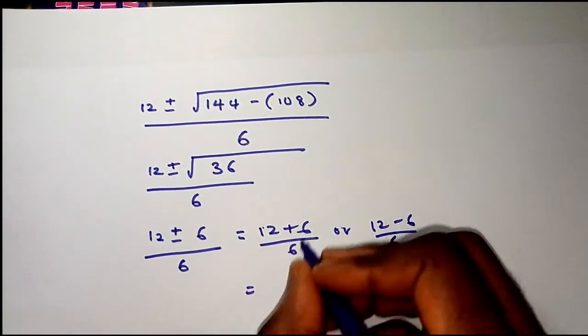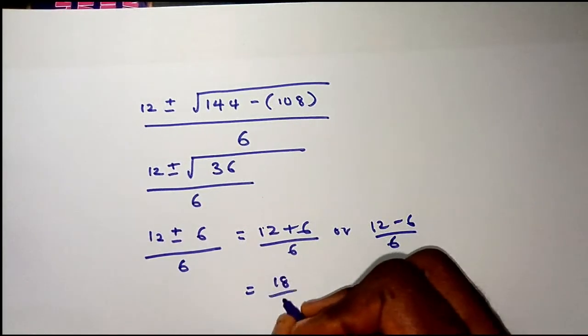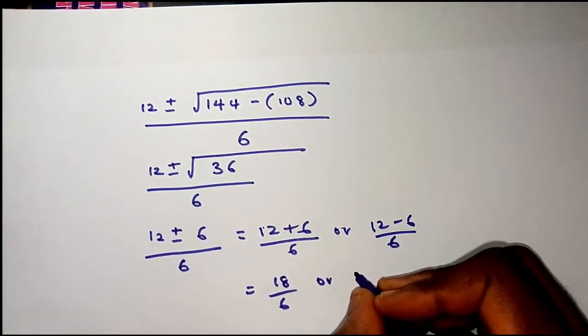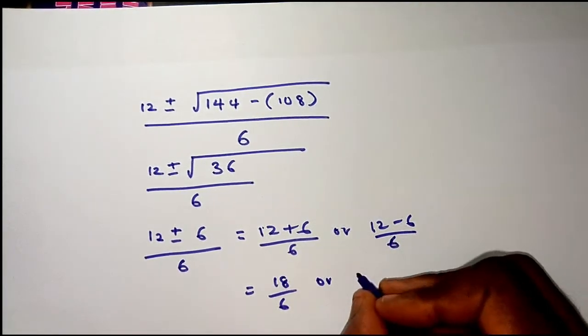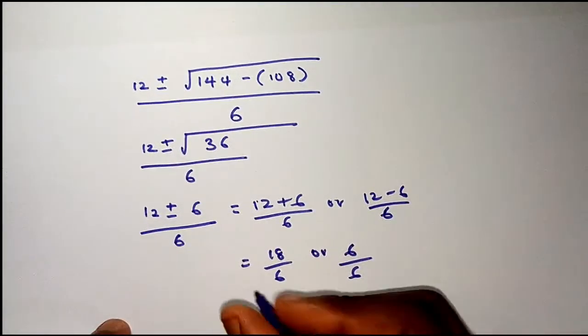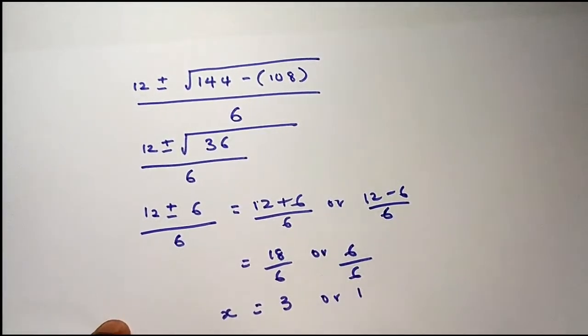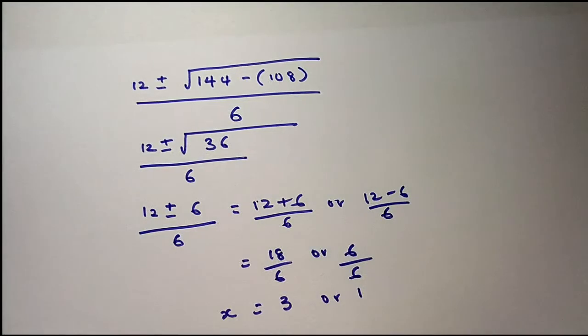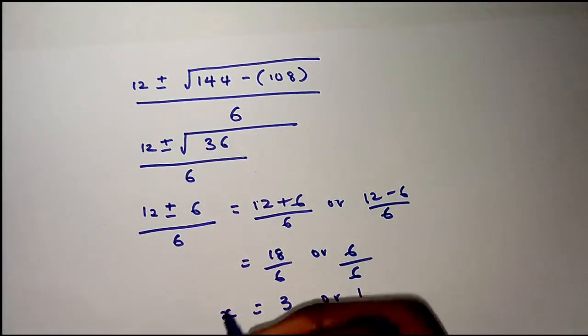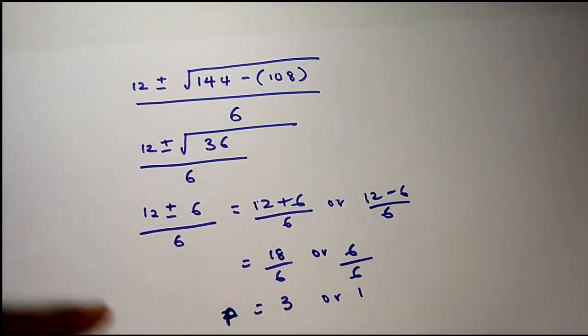So this is the same thing as 18 over 6, or 6 over 6. So we're either going to have p equal to 3 or 1. Okay, so now you've gotten to this point for the value of p.